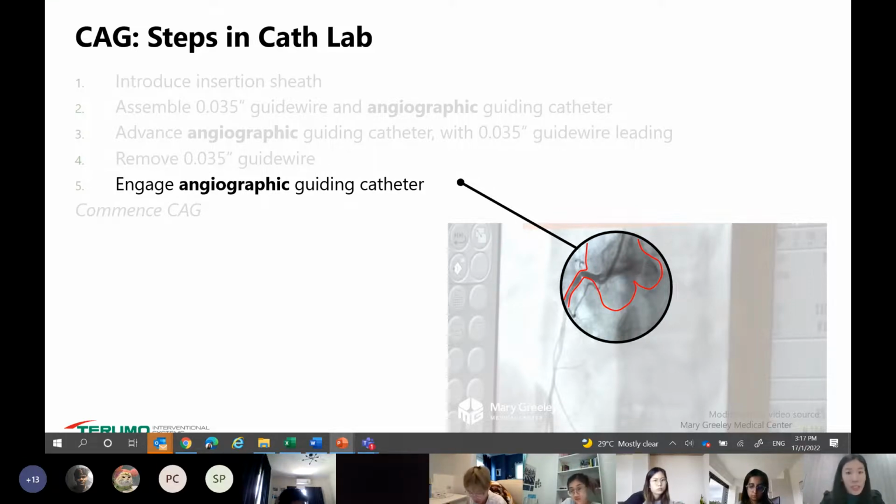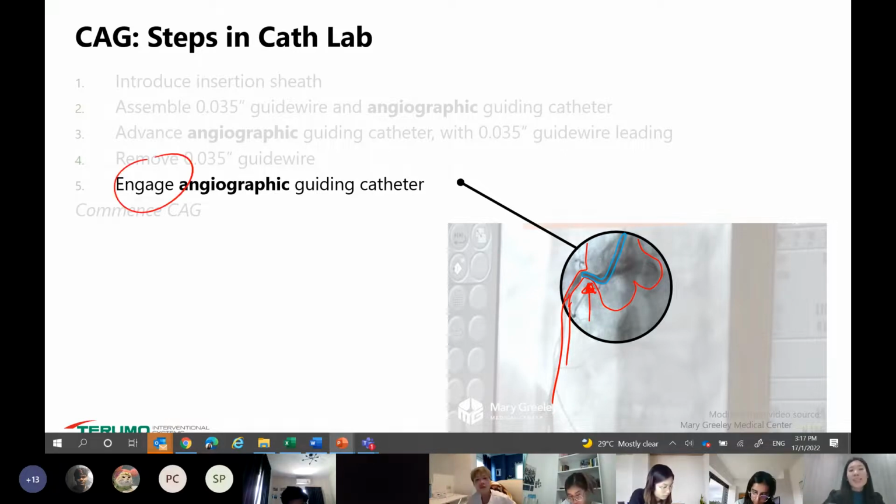In red, you can see the aorta, and this is the opening to the coronary artery. This whole length is the artery. In blue, the diagnostic catheter is engaged to the ostium. Since the tip of the catheter is at the opening, you can then take an angiogram very clearly. So this is called the engagement.